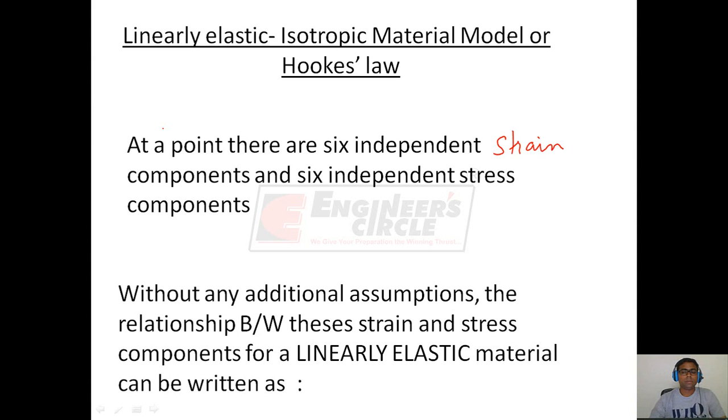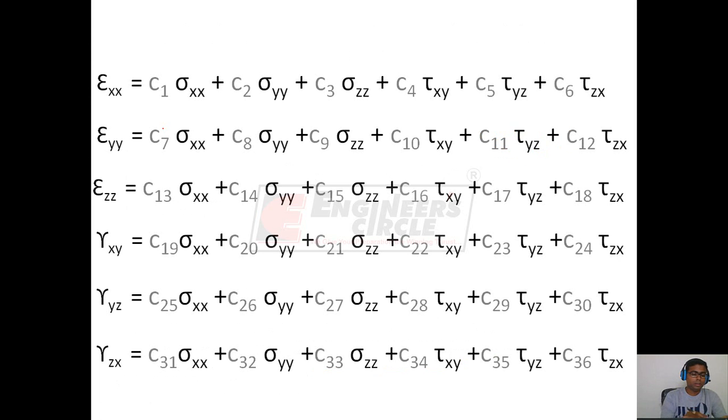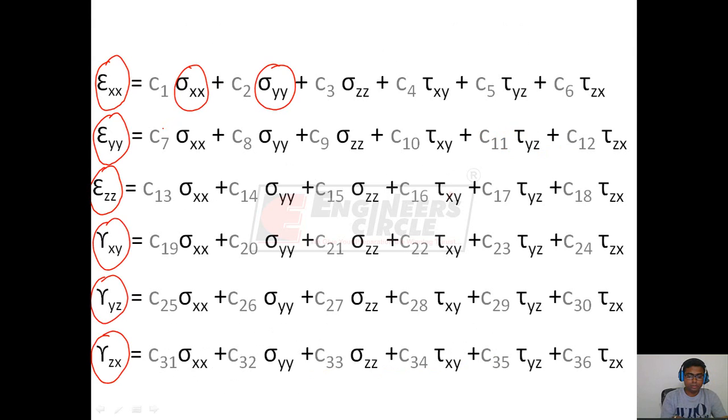Without any additional assumptions, the relationship between these strain and stress components for a linearly elastic material can be written like this. In this relation, the relationship between 6 strain components and 6 stress components is established.